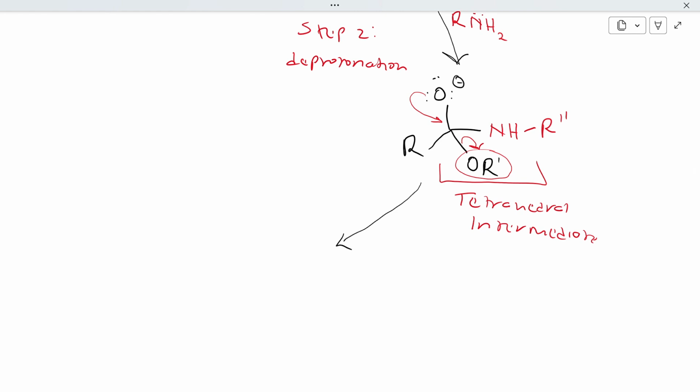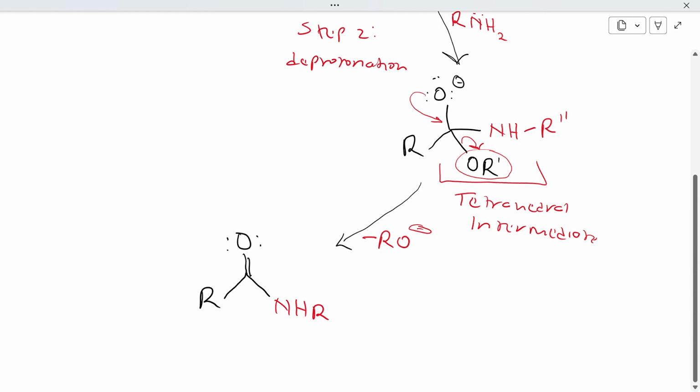Now, in the next stage, we are going to have minus OR, and the product we are going to form is R, that is bonded to NHR, that is having a double bond with oxygen, plus ROH.